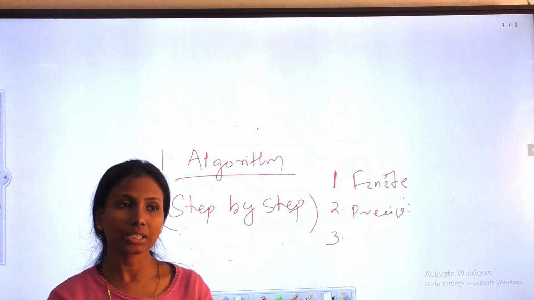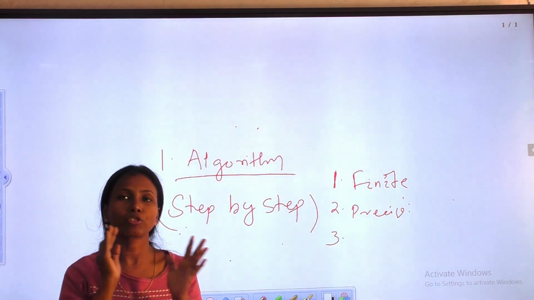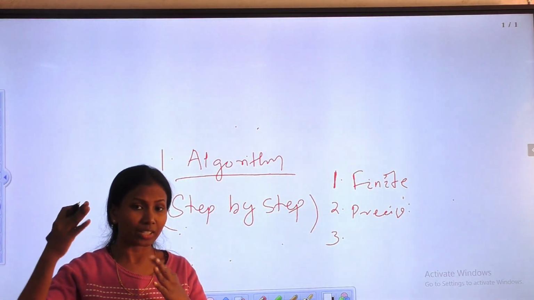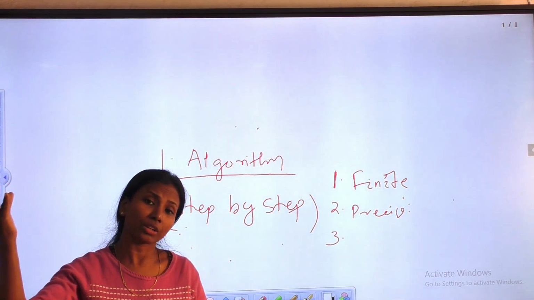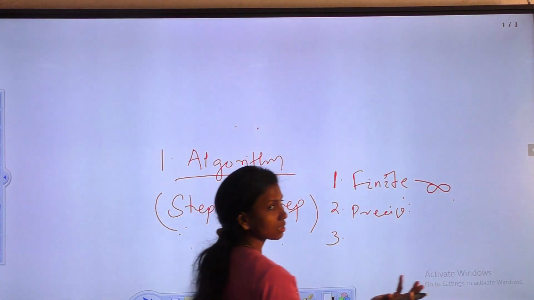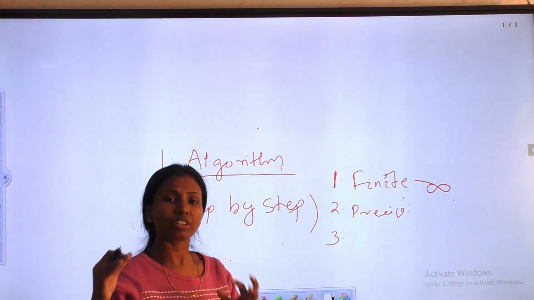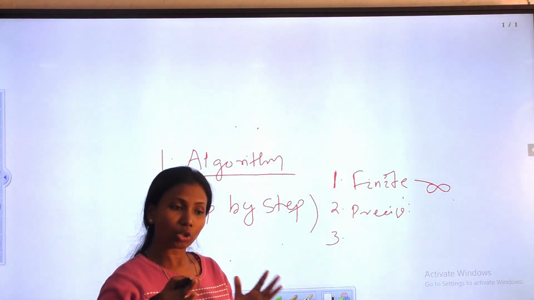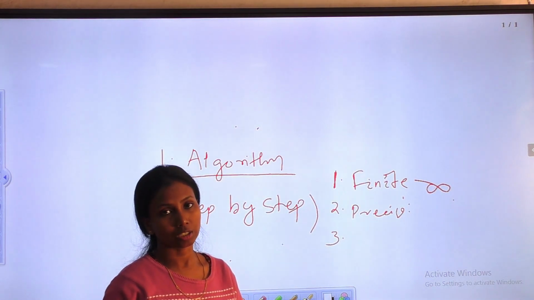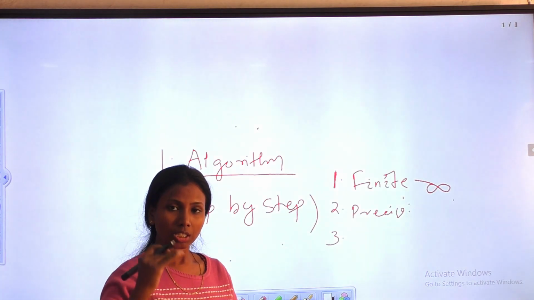Suppose I say you have to count or add the numbers up to infinity. Can you say what the value of infinity is? You can't say. Infinite means we don't know the value. So this will be a never ending process. Whenever you are writing any algorithm, it should be finite, meaning after certain steps it will end.